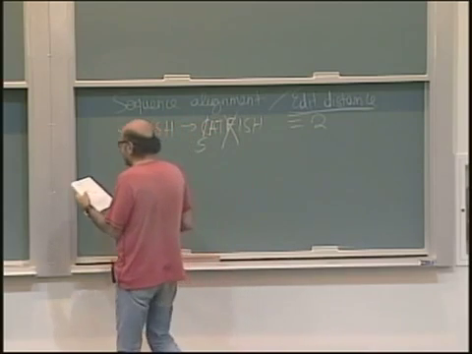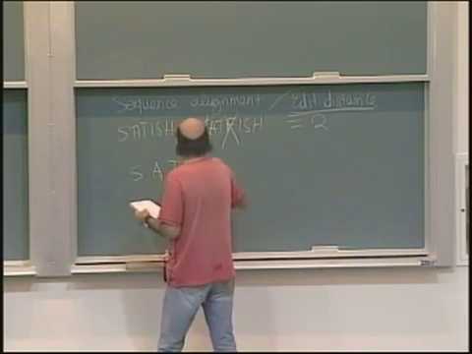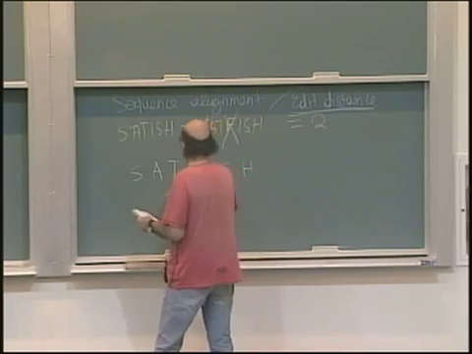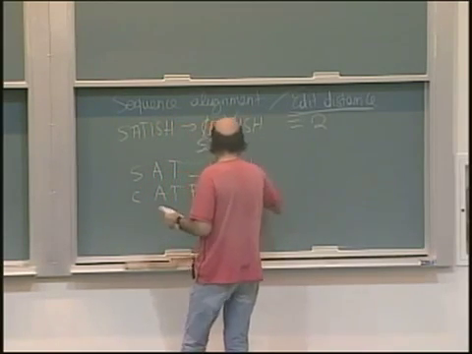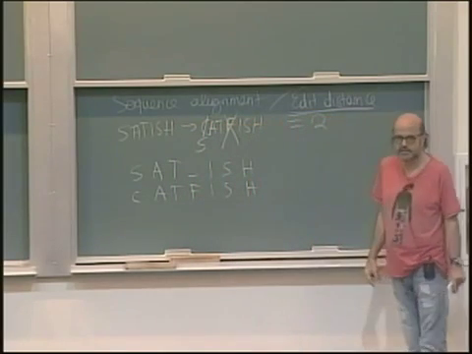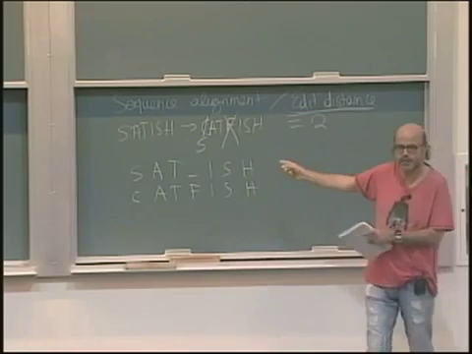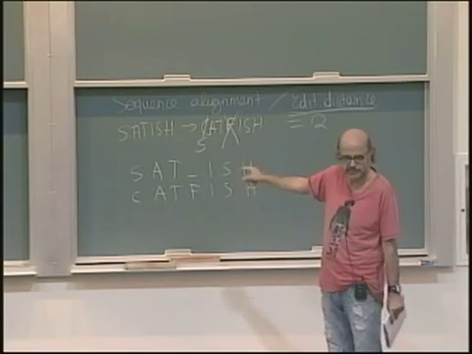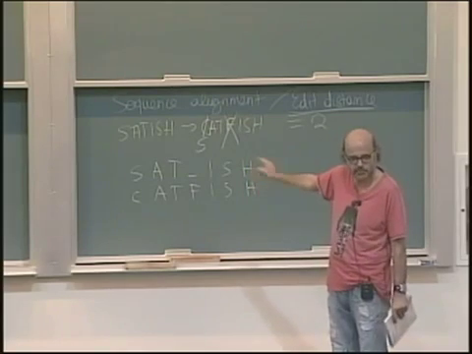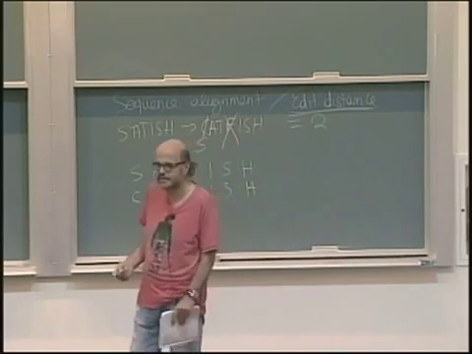Here is how you align them. You align them, and this tells you how to edit. Replace what is different, and insert or delete what is missing. Everybody understands that aligning and edit distance is the same problem?